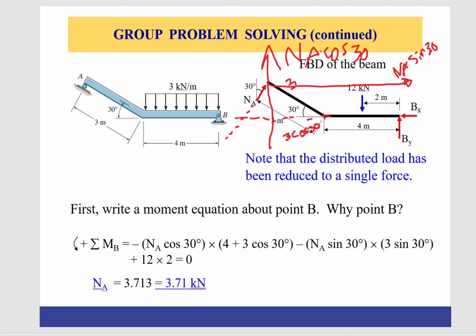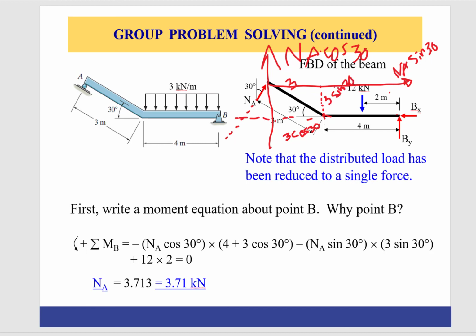So that component is NA sine 30, and it does have a moment because it has a distance from this point, and that distance is simply 3, this height, right?